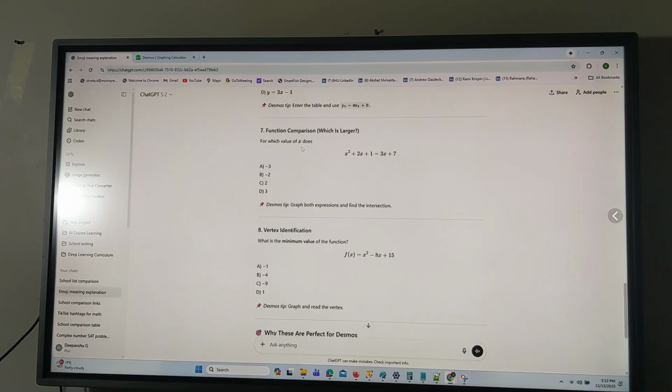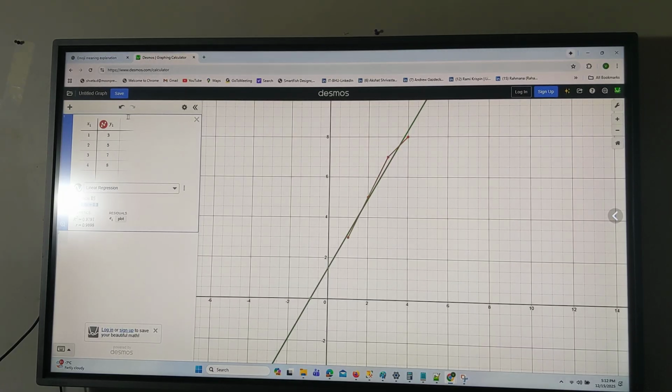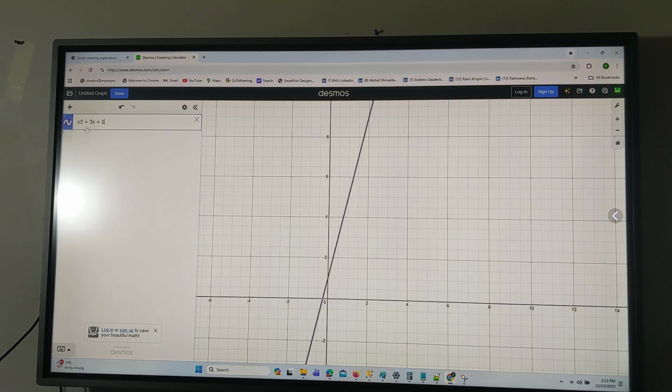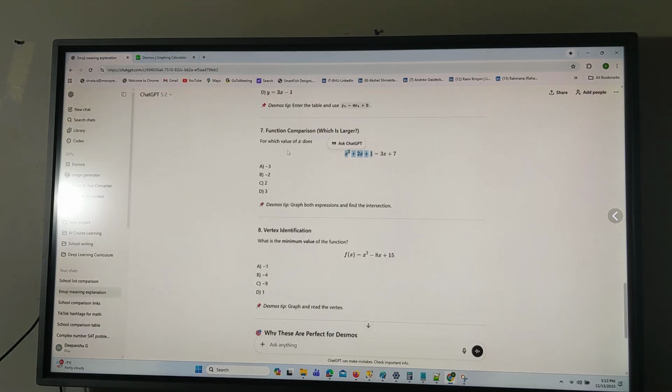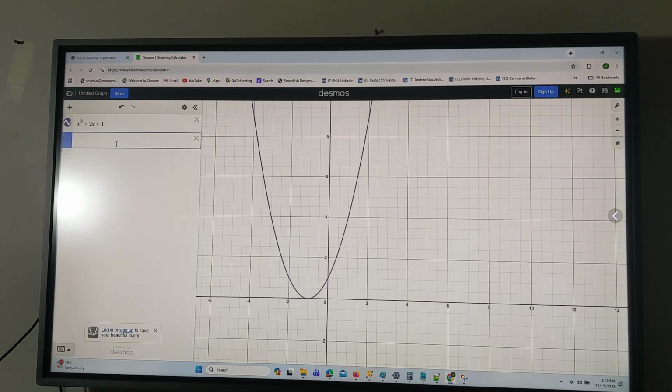Now move on to this one. For which value of x is this equal to this? So let's just plot these two curves. This is x squared plus 2x plus 1, and then 3x plus 7.